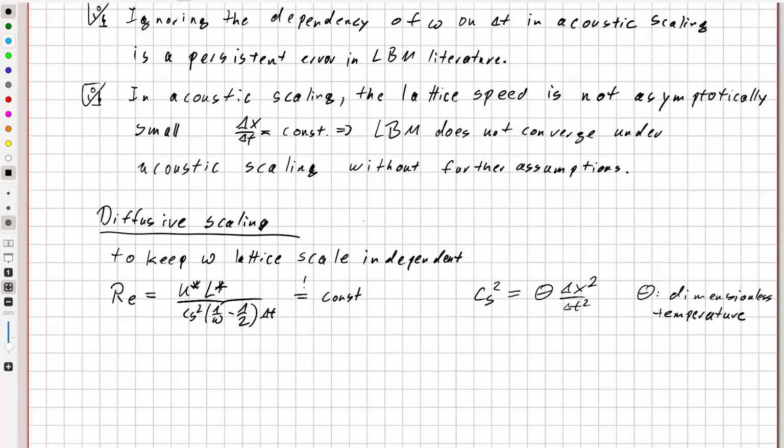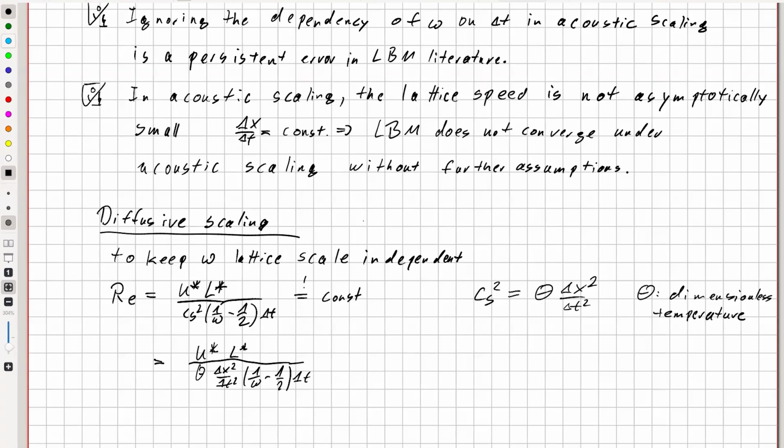So now we can rewrite this with U star L star divided by theta dx square dt square 1 over omega minus 1/2 into dt.